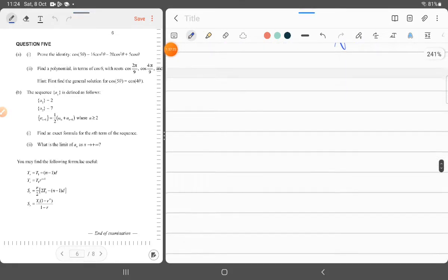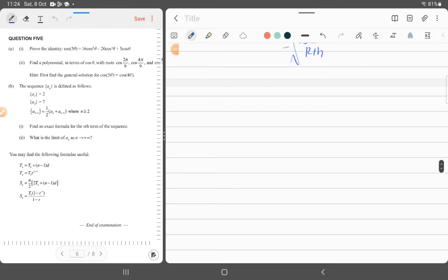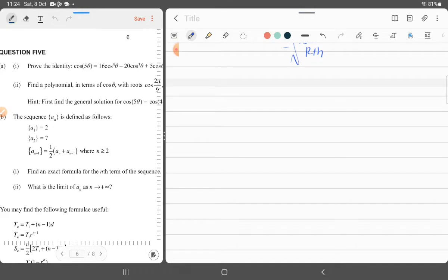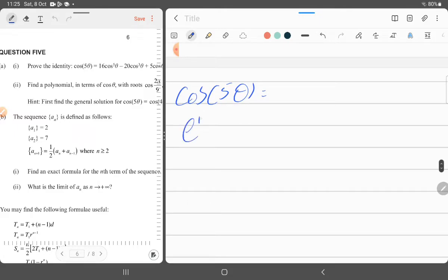Okay, we're not at too bad of a pace. Question 5. These are very close questions. Cosine 5 theta is equal to e to the i theta to the power 5. So we get e to the 5 i theta.